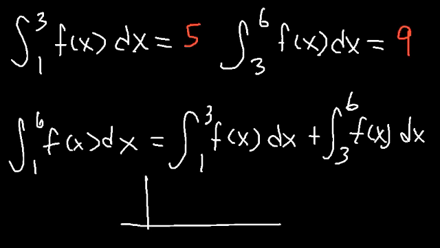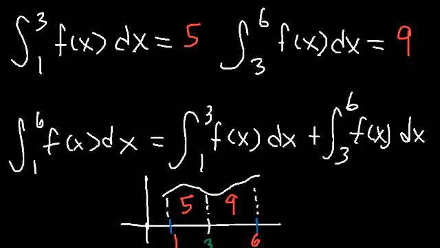One way to understand this, let's say you have a graph from 1 to 6. Let's say this is the curve. The integral from 1 to 3 is 5. The integral from 3 to 6 is 9. So from 1 to 6, it's simply the sum of these two values. It's going to be 5 plus 9, which is 14.